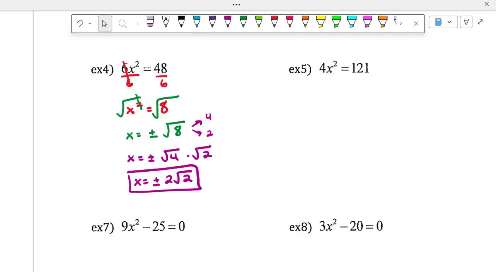So guys, maybe leaving it as a fraction will help you. So when you divide the 4 over, maybe leave it as a fraction when you take the square roots.